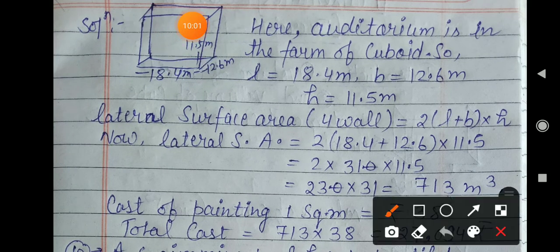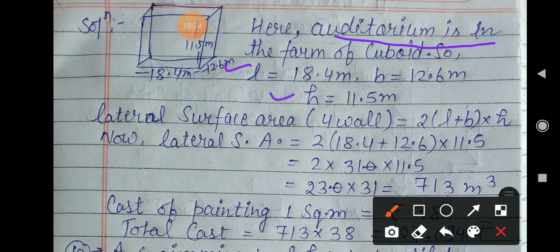So here you know the auditorium is in the form of a cuboid. You very well know the auditorium is in the form of a cuboid. So L is equal to 18.4, breadth is equal to 12.6, and H is equal to 11.5. These values are given in the dimensions of that question.